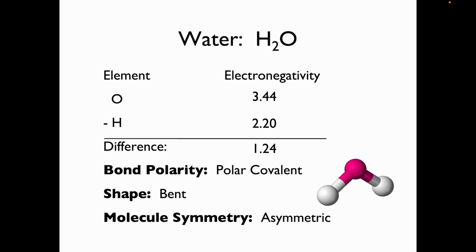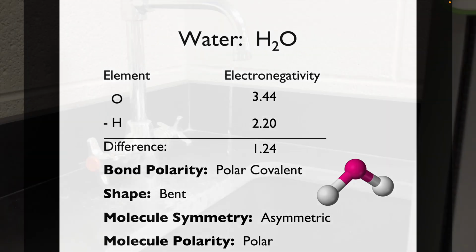So the water molecule is asymmetric, which means the water molecule itself is polar. So water has a partially negative end and a partially positive end. And we can actually show that partial positive and partial negative of water in a simple demonstration.